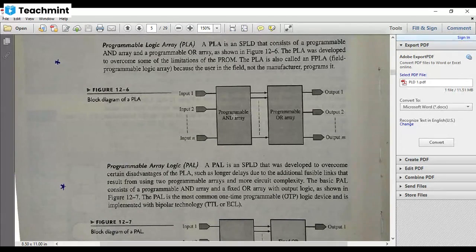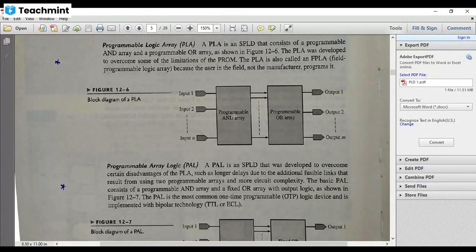And at the same time, to blow up the link or to make the link by melting, a lot of power is needed. These are some limitations.